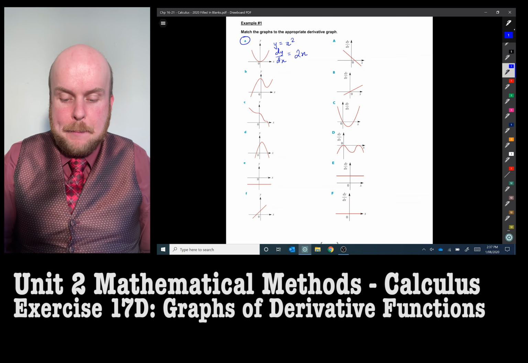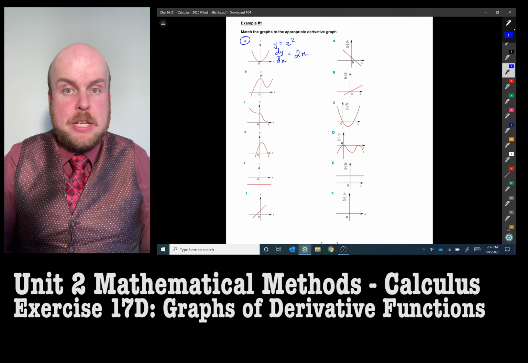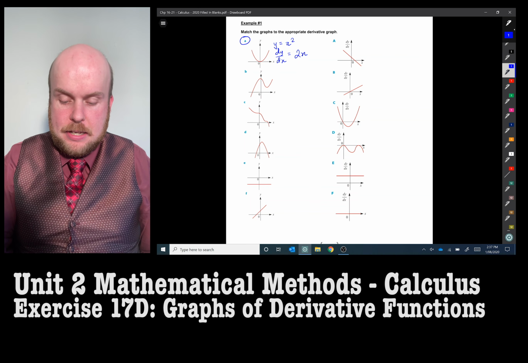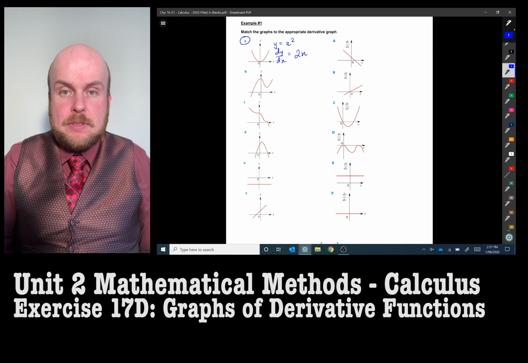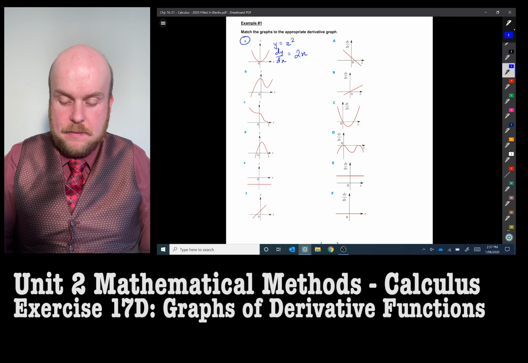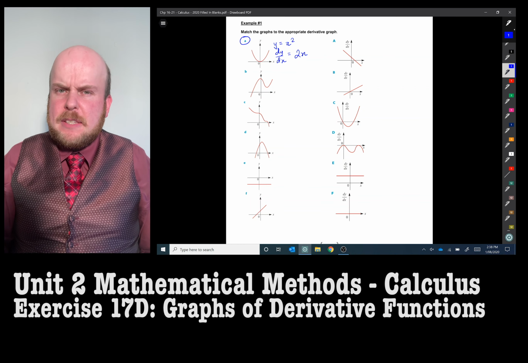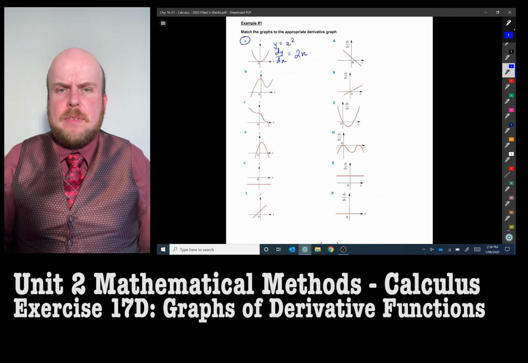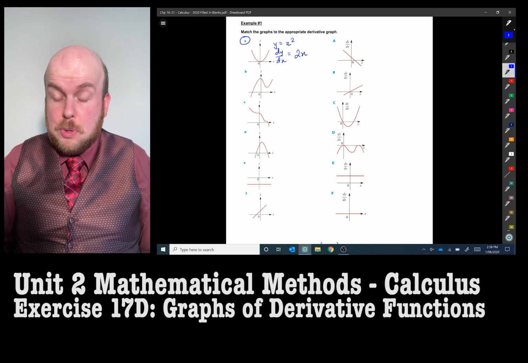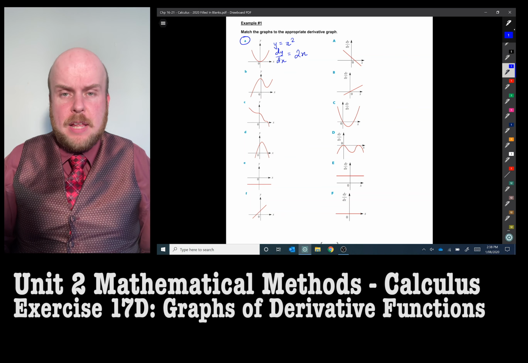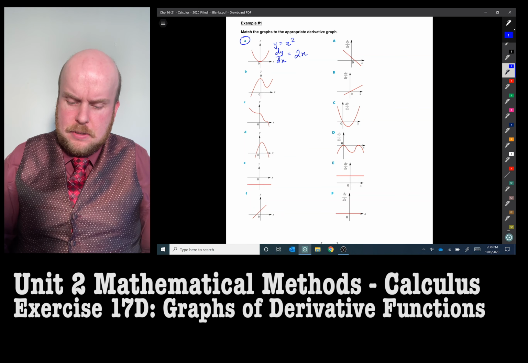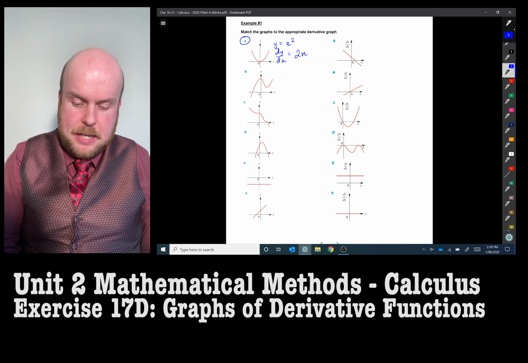Well, it wouldn't be capital A because it's going the wrong direction. It's a negative gradient. It could be B. It wouldn't be C because C is a quadratic and it's not a linear graph. It's not D because that's not linear. E is linear, but it's flat. So that would be the equivalent of saying y equals 2. And then F is also flat, but this is a 0. So the only one it can be is B.